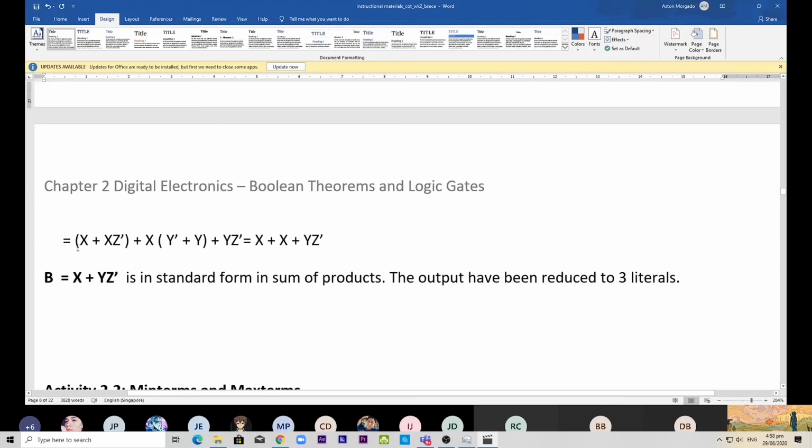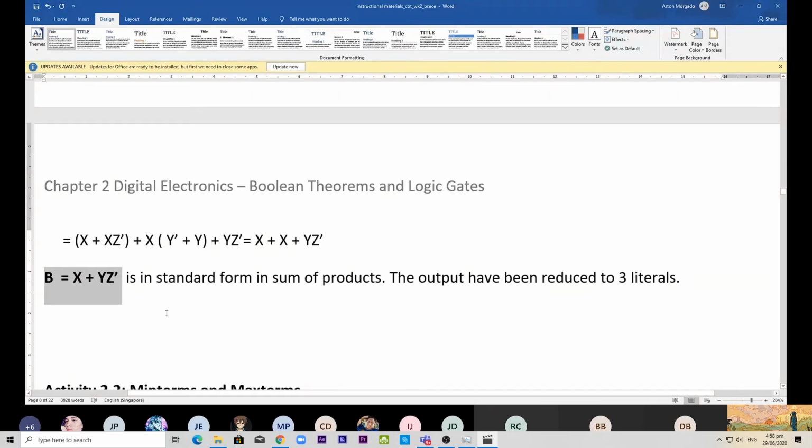We group x plus xz prime plus xy prime plus xy, then factor out the x, then plus yz prime. So x plus xz prime is x. Then y prime plus y is 1 times x, so we have another x plus yz prime. So x plus x is x, plus yz prime. So we now only have 3 literals.